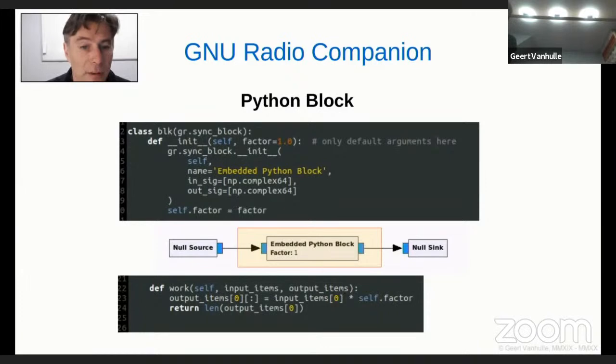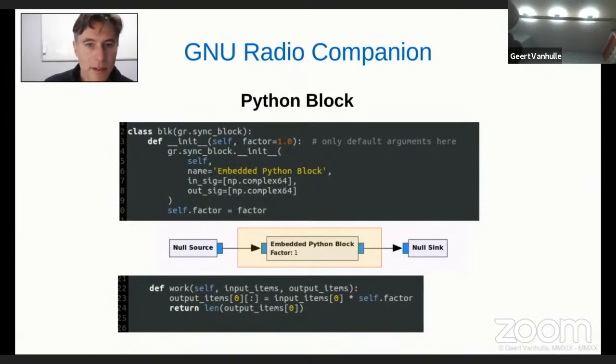And the processing itself is done in a function called work, or a method, as we are using object-oriented terminology, of course. So the work method here is actually where the work is being done with the samples. So if you would like to write your own block inside GNU Radio Companion, you can do so by adding this embedded Python block and defining the code here in your work method.